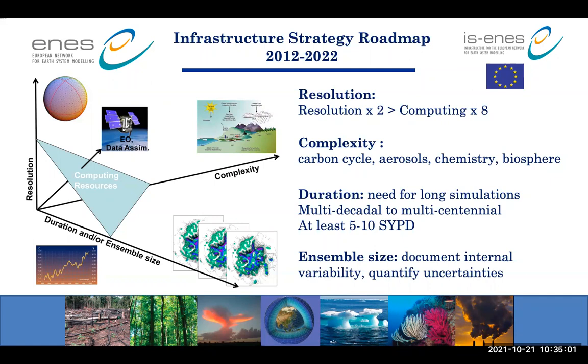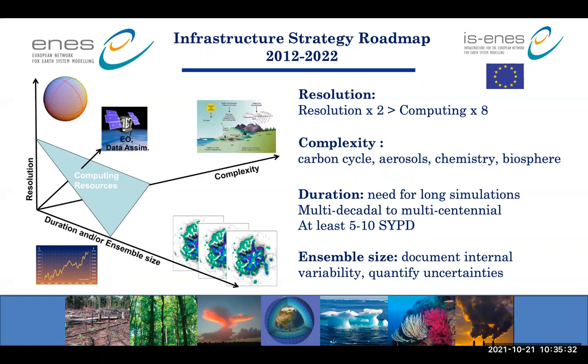Duration of the simulations, if we want to understand the variability of the system, this variability occurs on a quite wide range of timescales, from interannual to decadal to multi-decadal, even multi-centennial. And so to be able to have long enough simulations, we talk about a measure which is SYPD, simulated years per day.